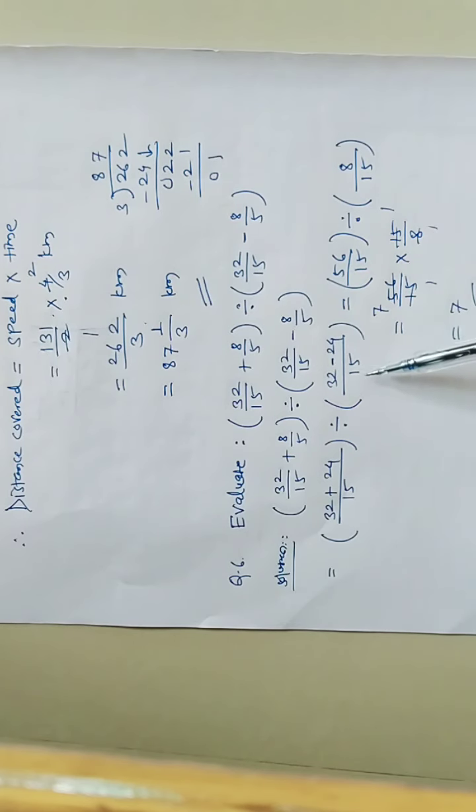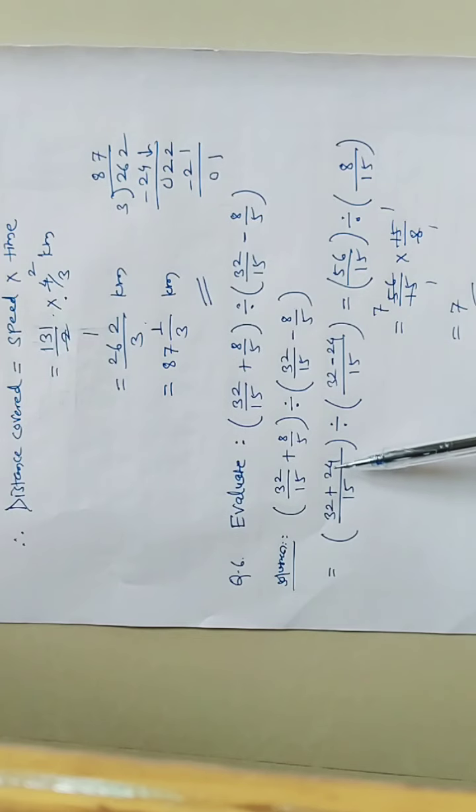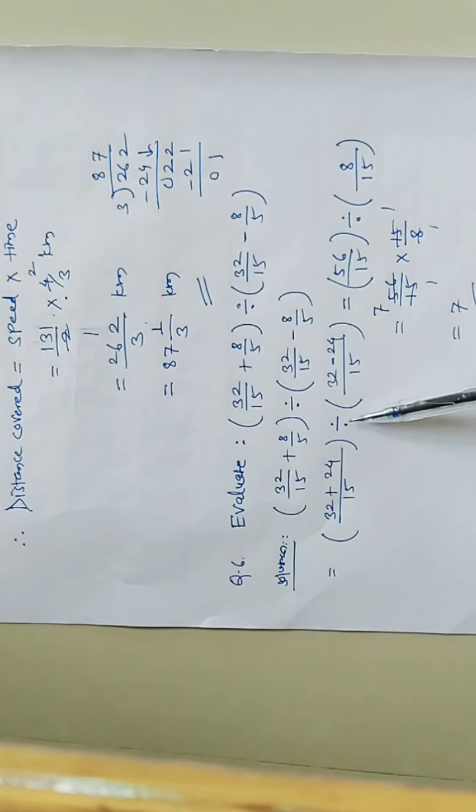So 15 divided by 15, 1 multiplied by 32 minus 5 3s are 15, 3 multiplied by 8, 24. Which is equal to 32 plus 24, means 2 plus 4 is 6, 3 plus 2 is 5, so 56 divided by 15, then divided by 32 minus 24, 8 divided by 15.